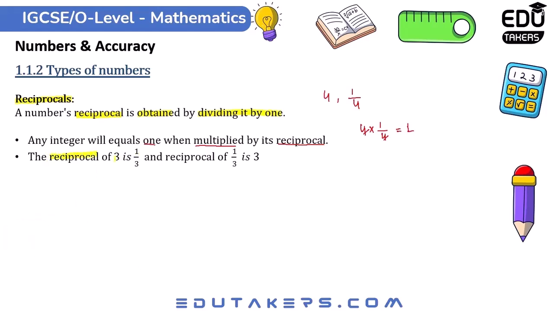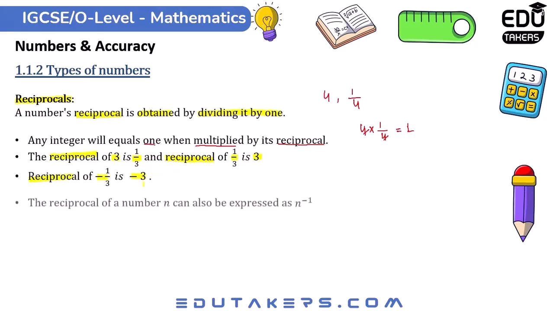The reciprocal of 3 is 1 over 3, and reciprocal of 1 over 3 is 3. Similarly, reciprocal of negative 1 over 3 is negative 3.